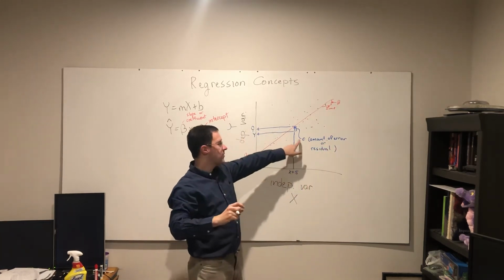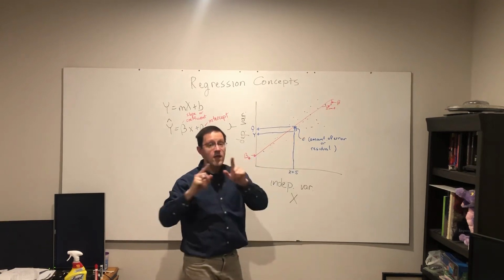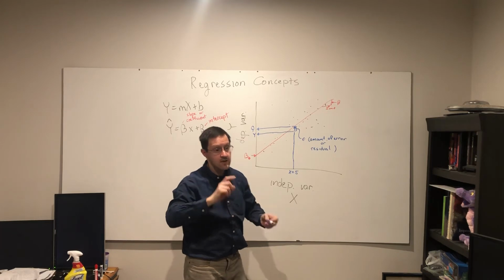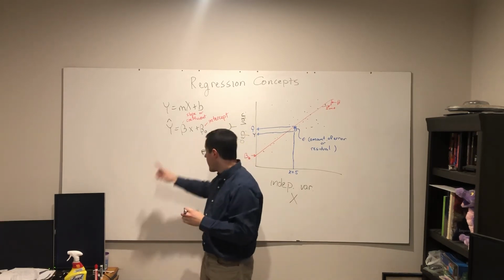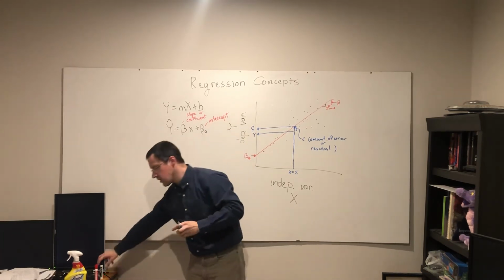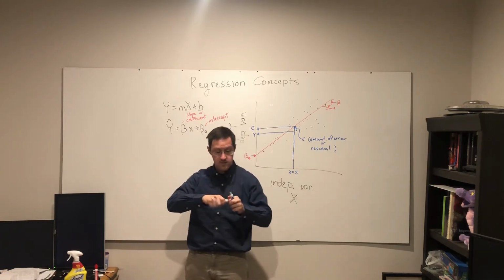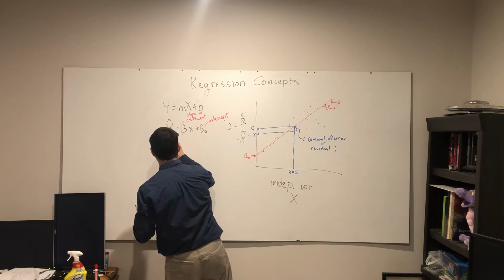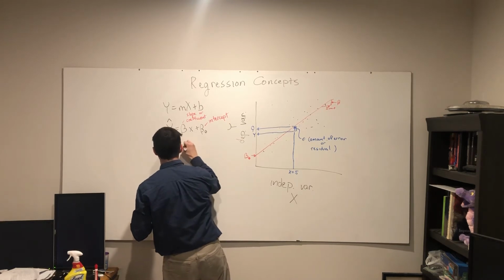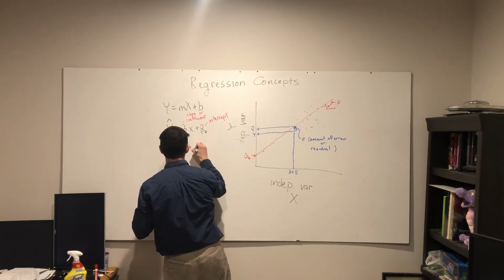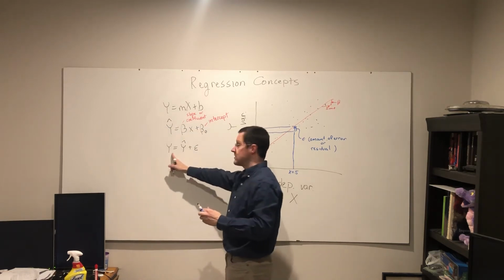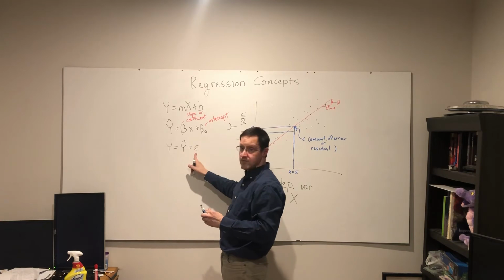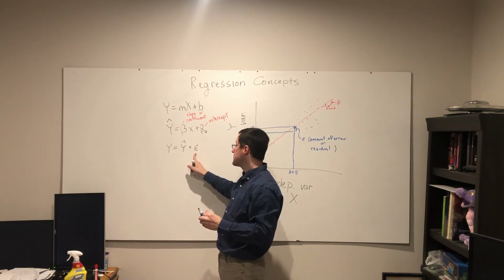We can think of that as the amount of error in our prediction. It often gets called the residual. So what this puts here for our prediction is that our actual value is our predicted value plus that residual.